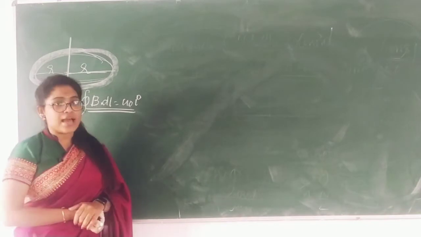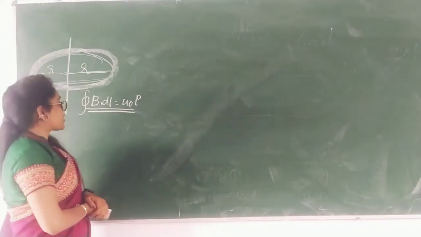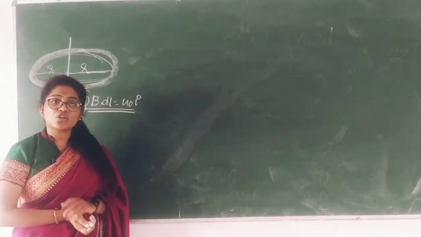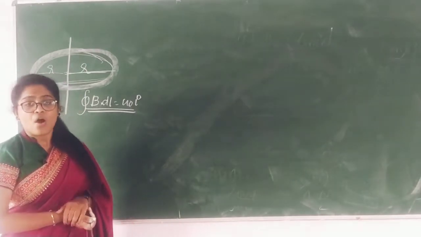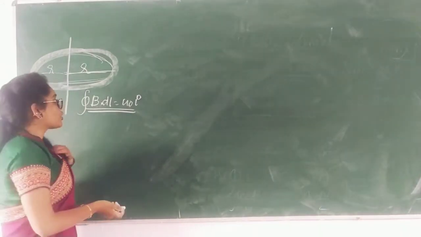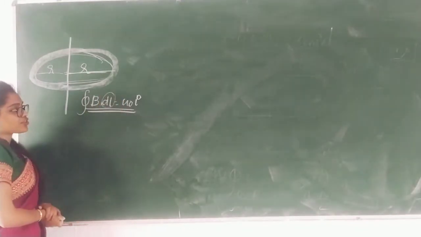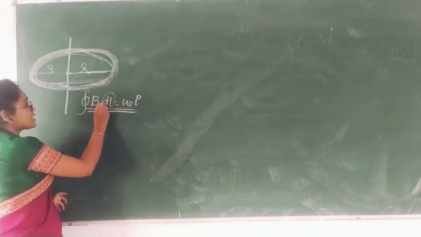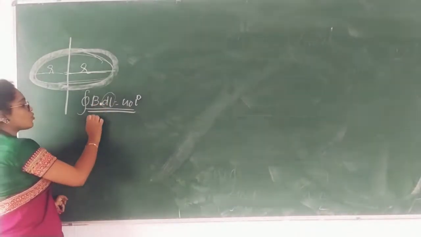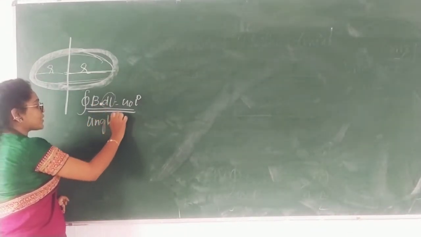Then I will apply Ampere's circuital law, that is the integration of B dot dl is equal to mu naught I. After this, what should we do? We are going to integrate dl. Before that, it's a dot product, so we want to know the angle made between them.